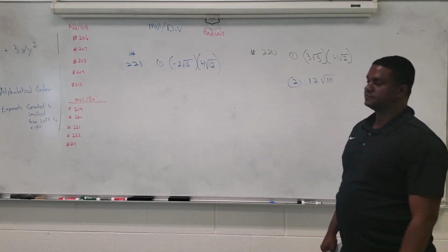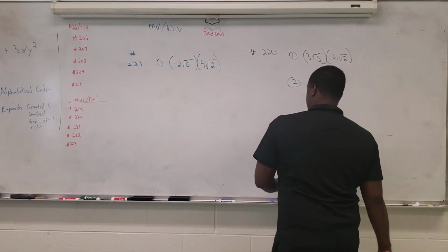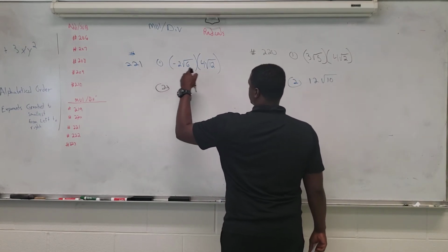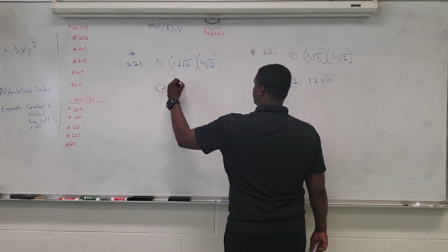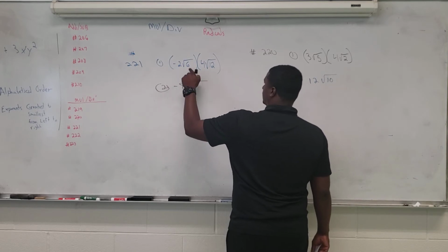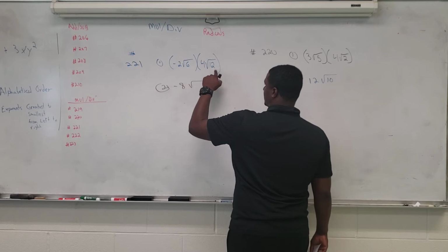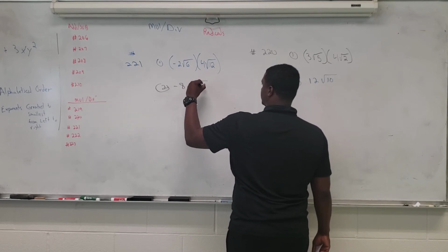Right? So I take my coefficients again. Negative 2 times 4, negative 8. Square root of 6 times square root of 12. That's the square root of 72.